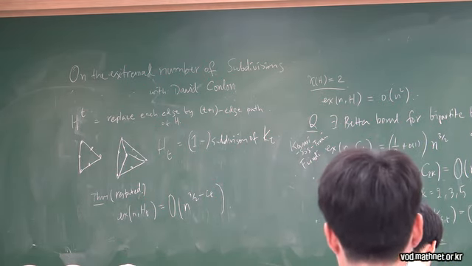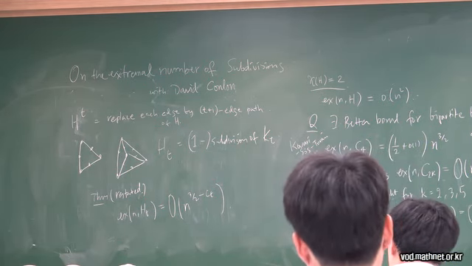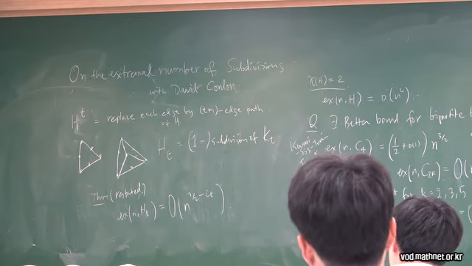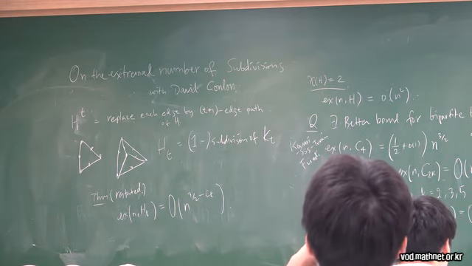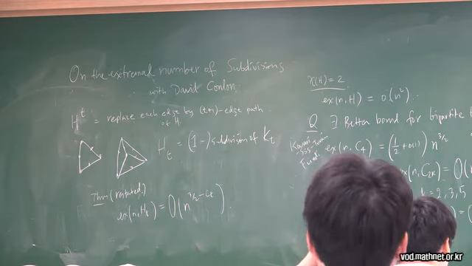So before getting into the proof, let me give a sketch of the proof of the result by Füredi following the technique of Alon, Krivelevich, and Sudakov. To beat this bound, we have to understand what they do.